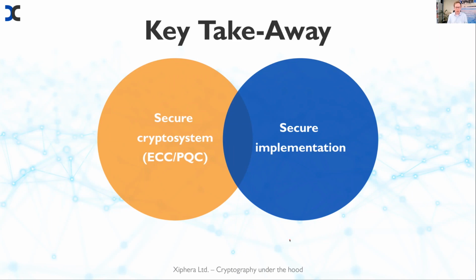Of course, not all attacks can be launched in every system, so you should do a threat analysis: what are the actual threats in your system, and design your implementation so that it is protected against these attacks. And only if both of these, a secure crypto system and a secure implementation, are met, your system is secure. Otherwise, it most likely has some vulnerabilities that can be exploited.